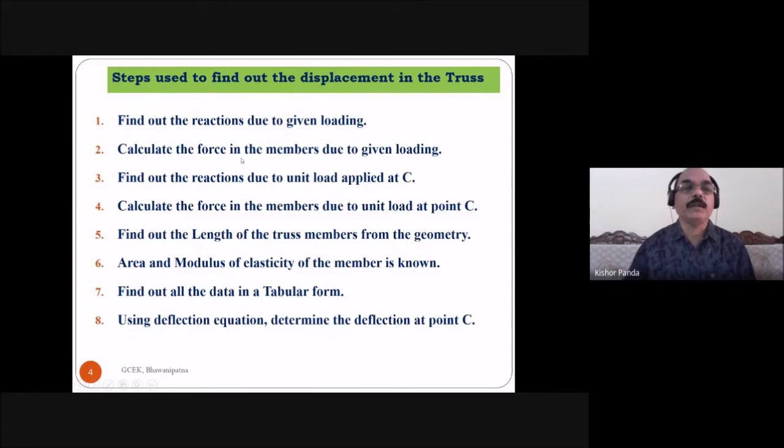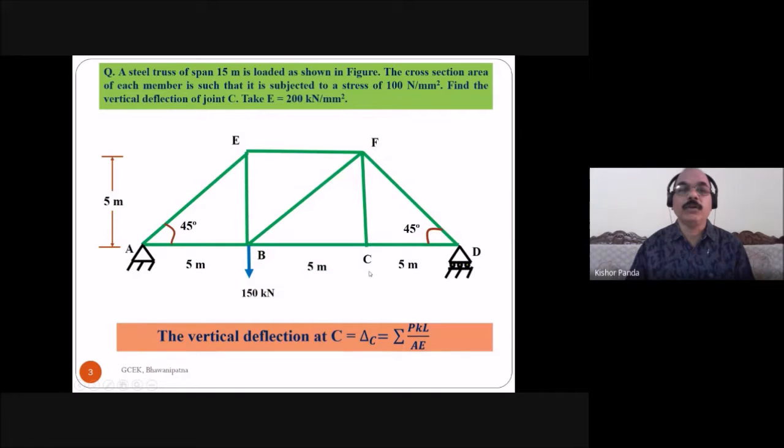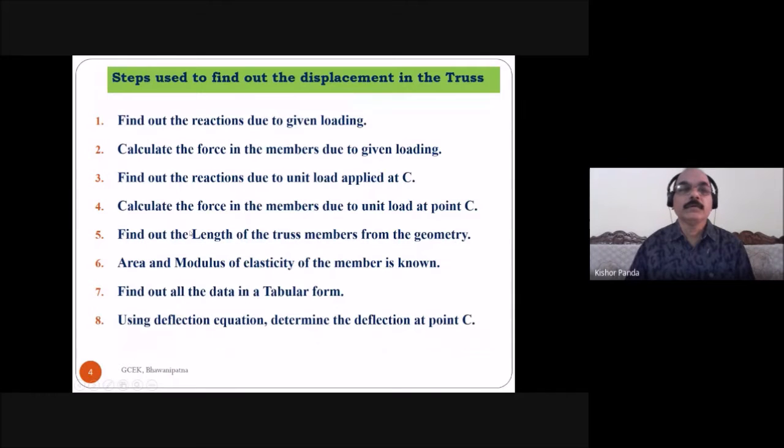First you have to find out the reaction due to the given loading. Then you have to find out the force in the members due to the given loading. Then find out the reaction due to the unit load applied at C. Here you have to apply the unit load and find out the reaction at the support A and support D. Then calculate the force in the members due to the unit load at the point C. Then find out the length of the truss members from the geometry.